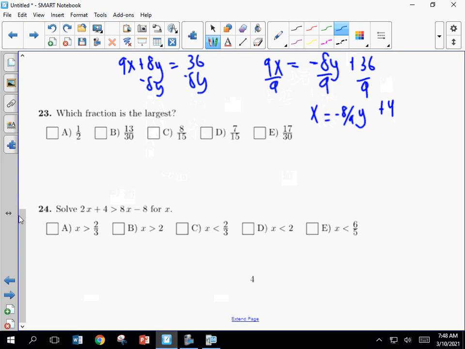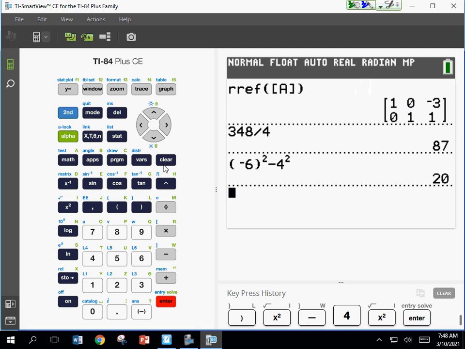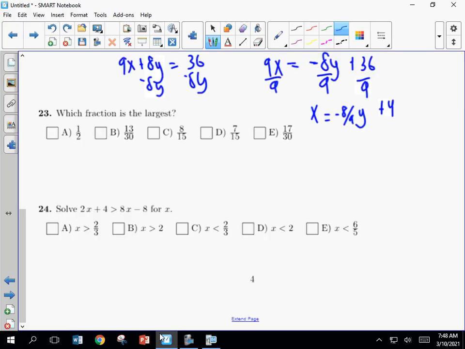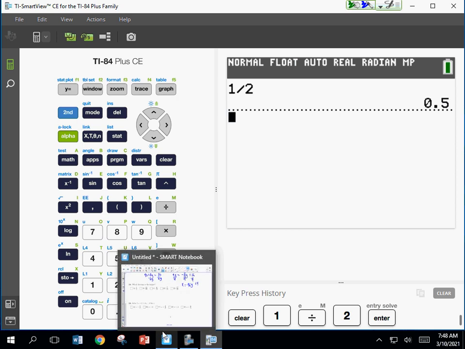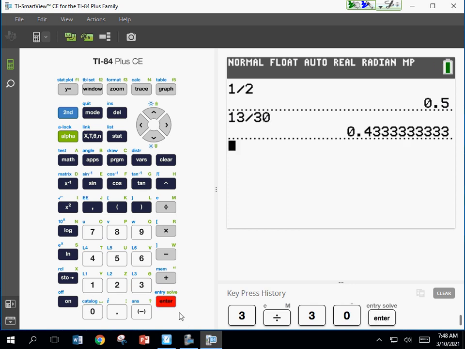What fraction is the largest? I'm literally just going to put these in the calculator. Now when I'm dealing with fractions like this and I'm trying to reduce them, don't put them in the alpha y equals because it won't give you a decimal. So 1 over 2 is 0.5. 13 divided by 30.